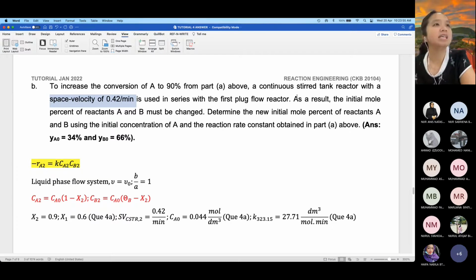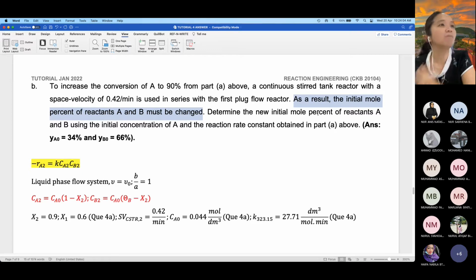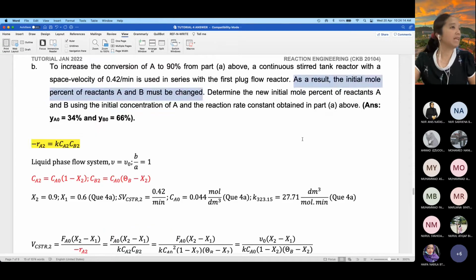As a result, the initial mole percent of reactant A and B must be changed. Determine the new initial mole percent of reactant A and B using the initial concentration of A and the reaction rate constant obtained in part B in part A above.